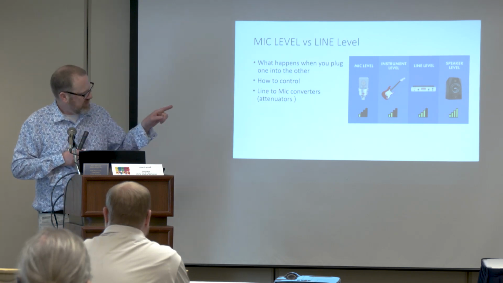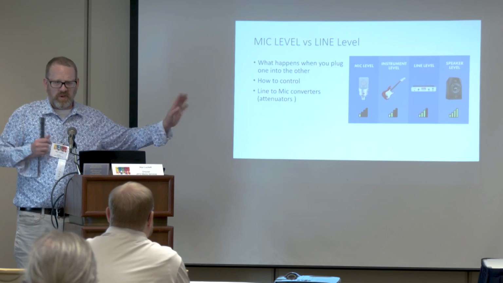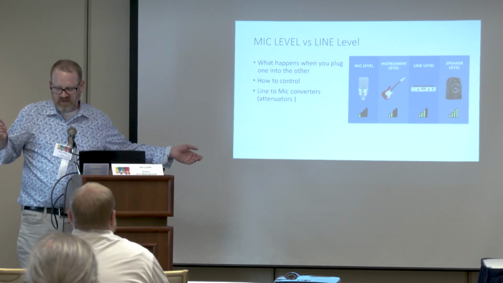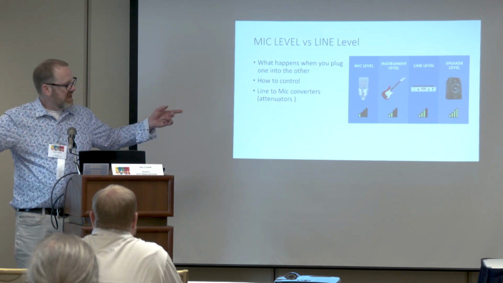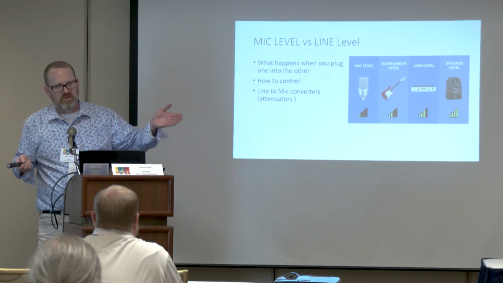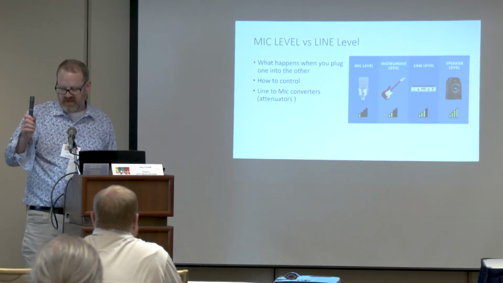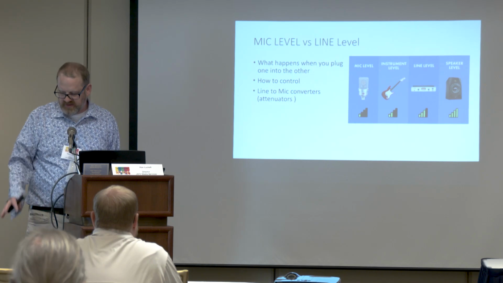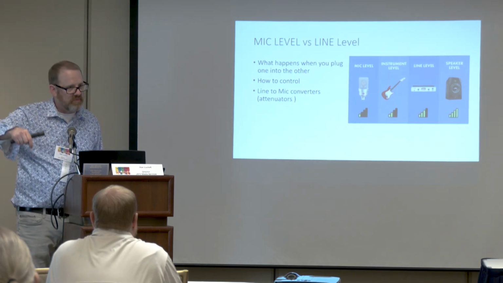The next item over is a line level device. The one pictured here might be a preamp. It could be a powered mixer. And basically the idea is that this is going to be like 20 to 30 decibels louder than what a microphone would be feeding. So on most mixing boards, there's a gain knob at the top, usually where you plug in your microphone.